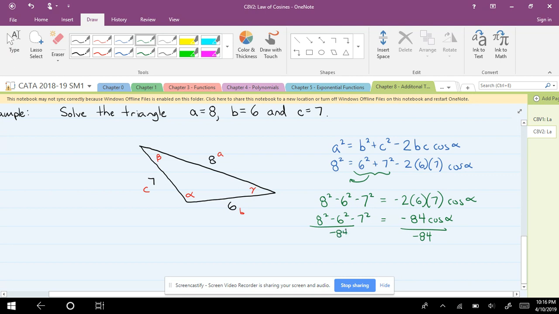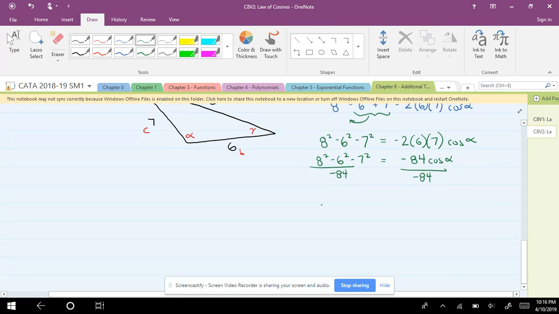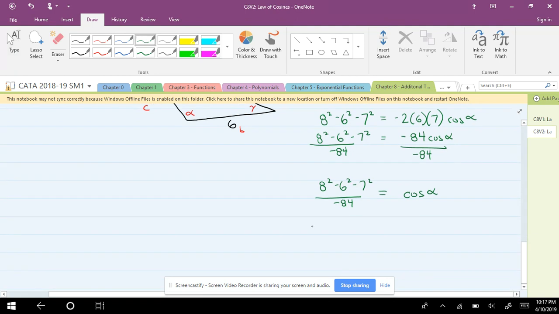So now I'm left with this setup. And since I'm solving for an angle, I'm going to do the inverse cosine of this quotient.